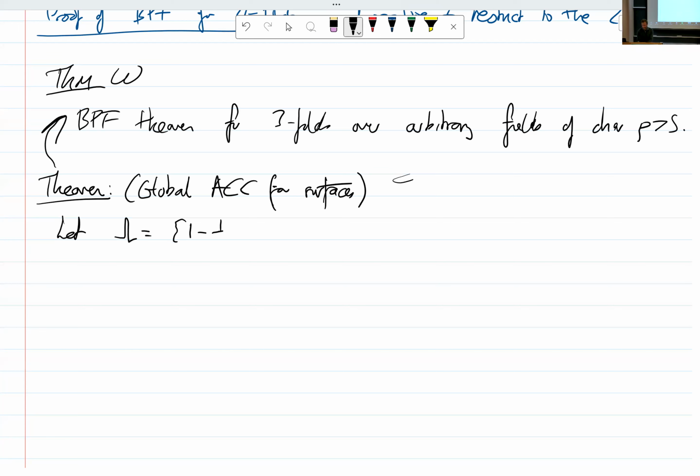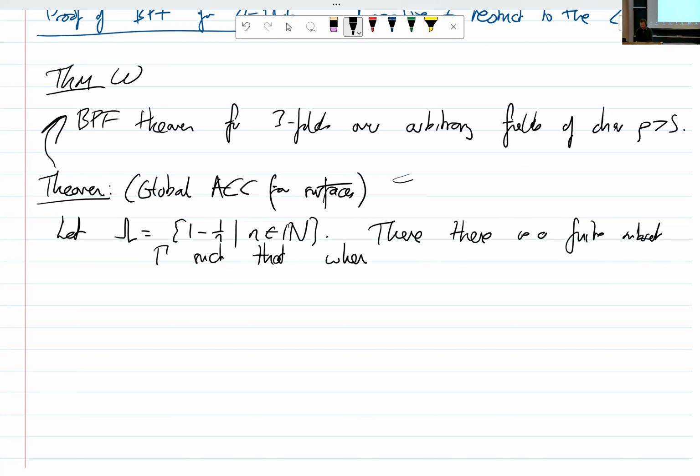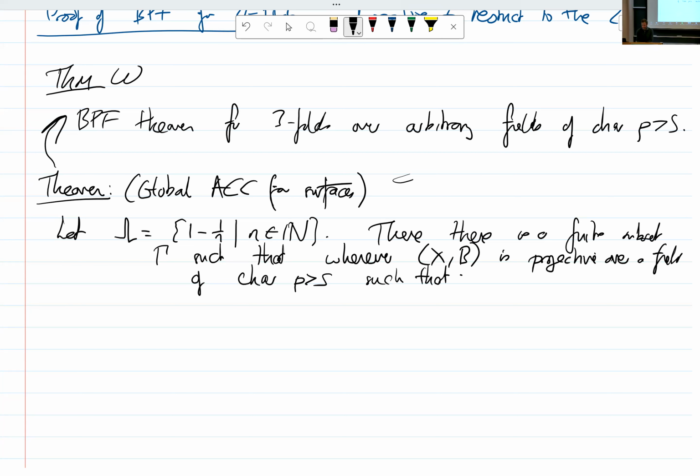if we take some coefficients, standard coefficients, for example, more generally DCC coefficients that this will do, then, okay, there is a finite subset, an ACC subset, gamma, such that whenever we have a projective surface pair, projective over a field of, again, characteristic p greater than 5, such that, okay, so now the actual condition.